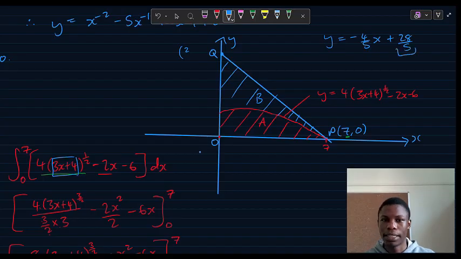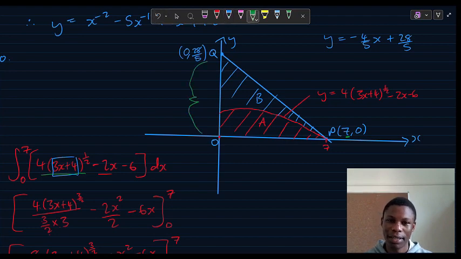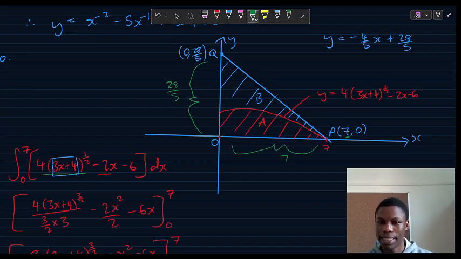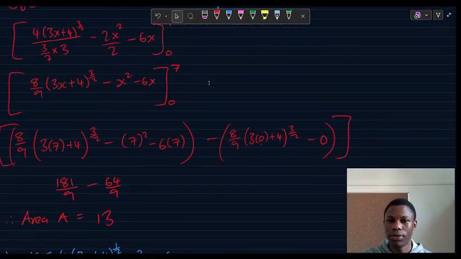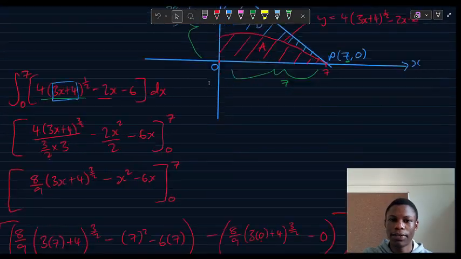So when x is 0, y is 28 over 5. We can just get the area of our triangle, because the height of our triangle is 28 over 5 and the base is 7. So we can just do half base times height, which would be half times 7 times 28 over 5.